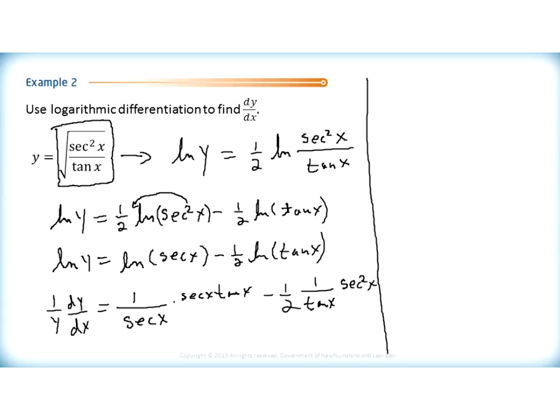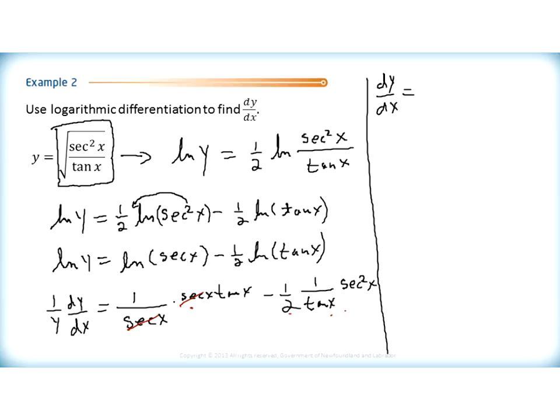Okay, so let's see if we can put all that together in a little more simplified form now. So I'm going to keep dy over dx by itself, and I'm going to multiply by that y. And at the same time, I'm going to try and make this a little bit nicer over here. So I'm going to get out my cancellation pen, my red one, and I'm going to say secant x goes away. And that's all I'm going to make go away here. But I'm going to get a common denominator for both expressions. It looks like 2 tan x will end up being my common denominator.